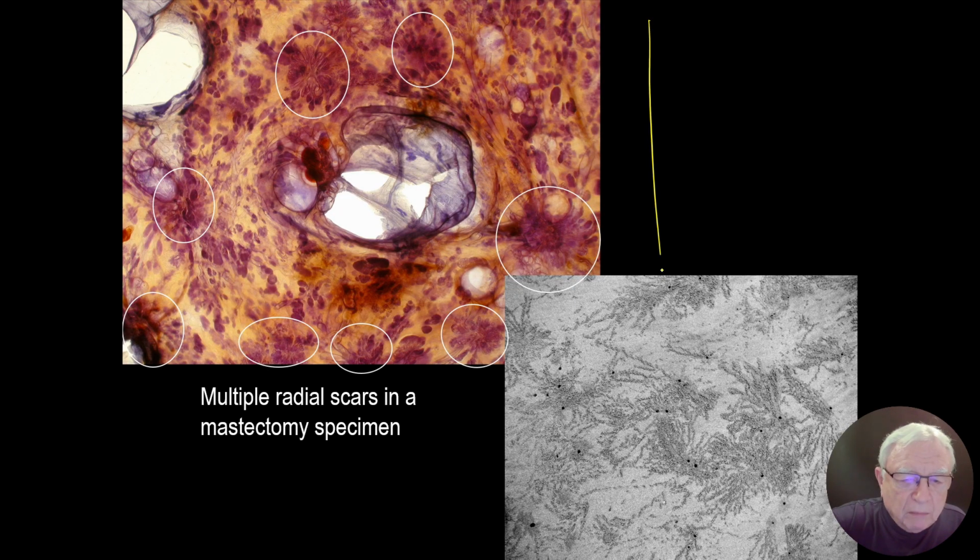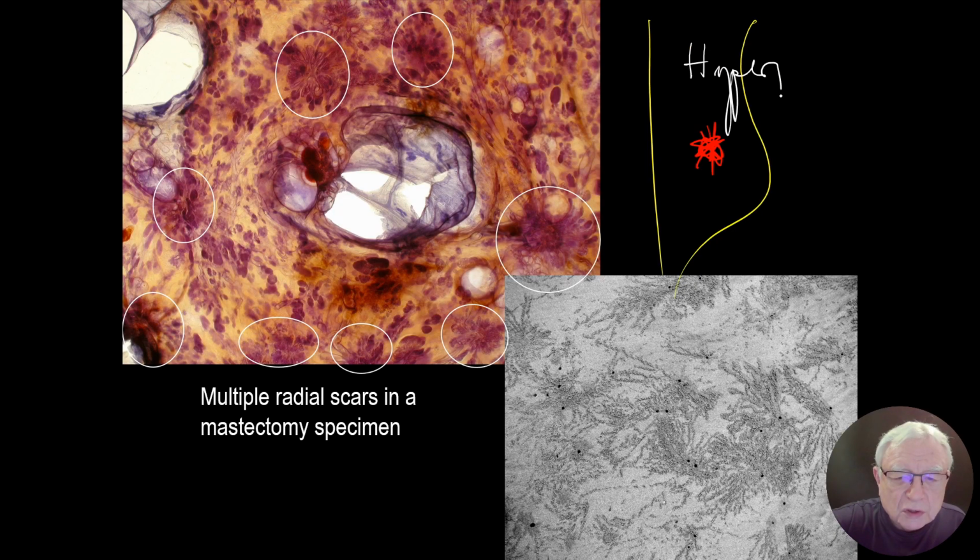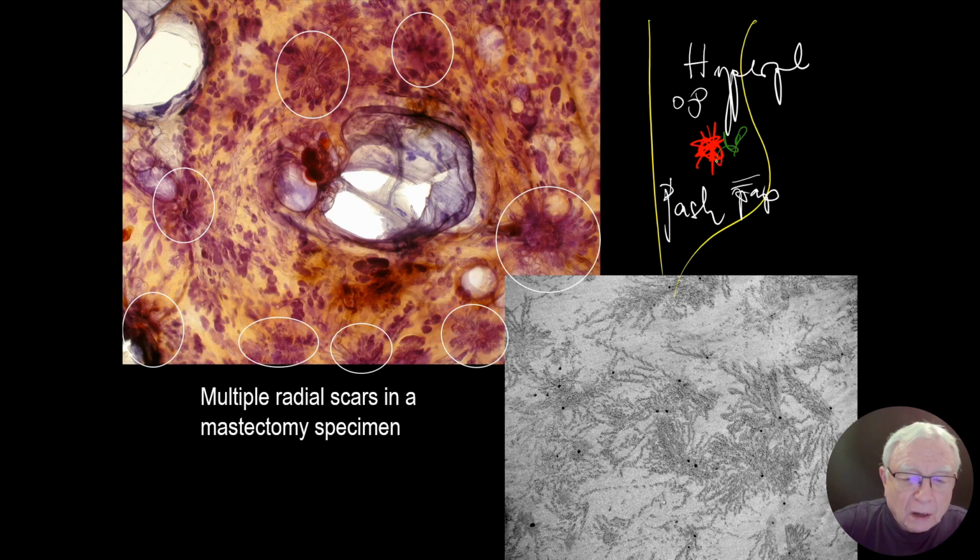Practically in every mastectomy specimen, the pathologist finds a lot of hyperplastic breast changes. Most of the time it's fibrocystic change. Sometimes it's a papilloma. Many times it's PASH. Many times it's radial scar. But you see, they don't spend too much time on describing these because that's not a cancer.